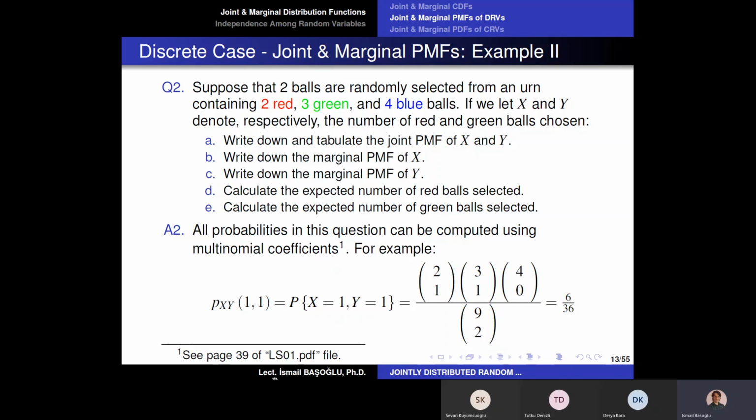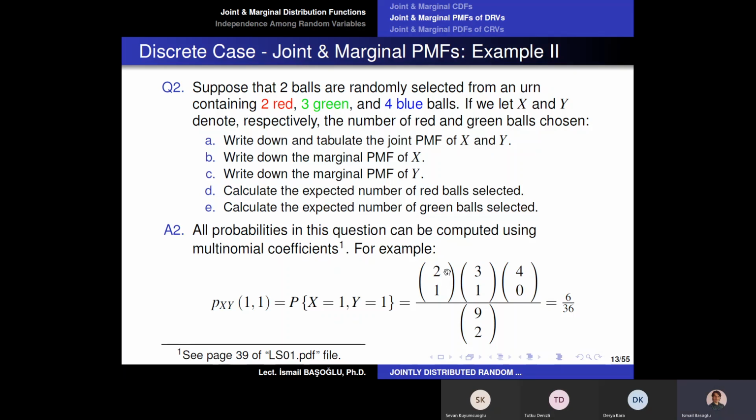If you do not remember this, you can check page 39 of the first chapter. Out of these 9 choose 2 possible outcomes, in how many do we have exactly 1 red and 1 green ball?